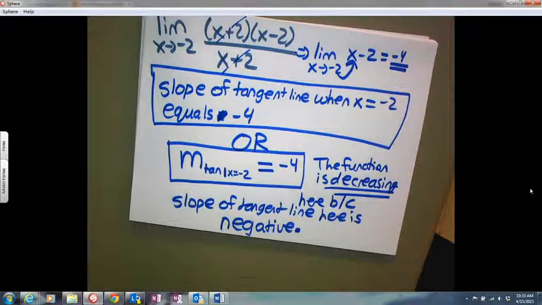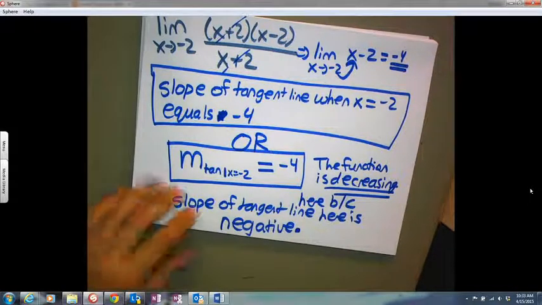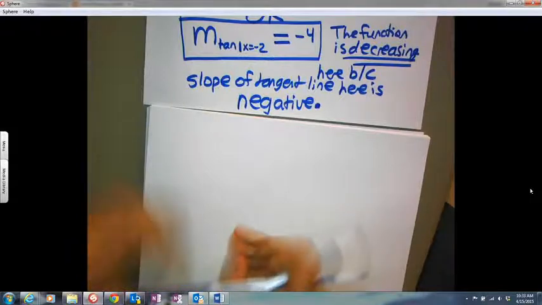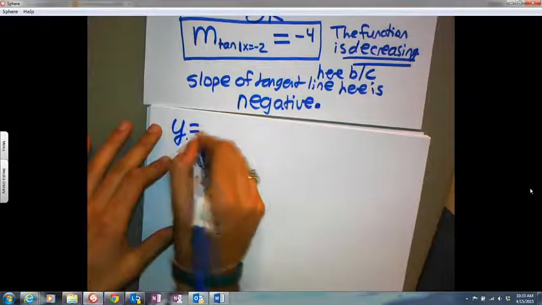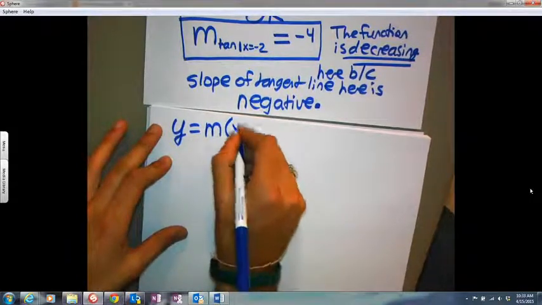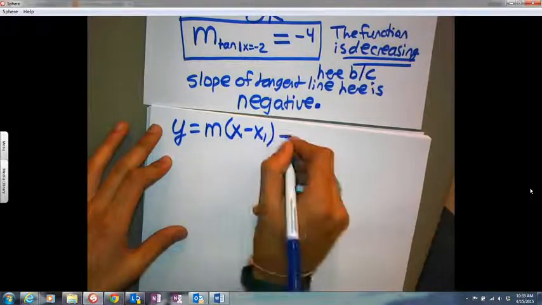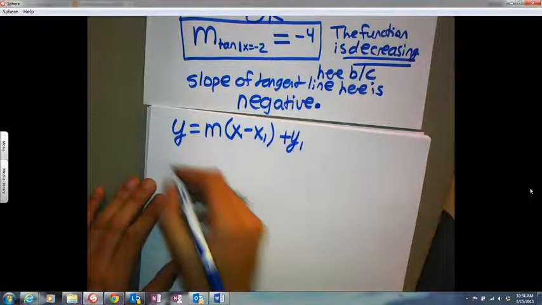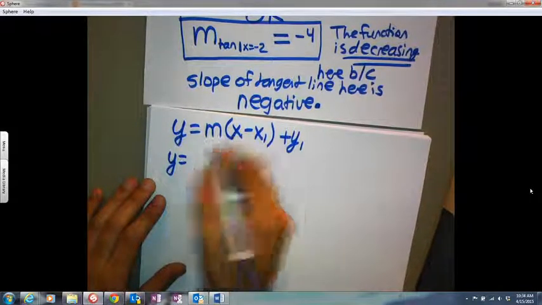Alright, and now they're asking me to write the equation of the tangent line. Remember from 7th grade classes, the equation of a line is y equals m times x minus x1, plus y1. And just plug in what you know. M is negative 4. X minus x1.